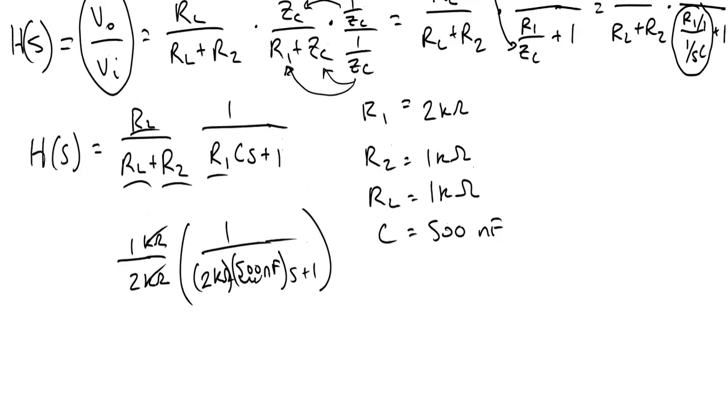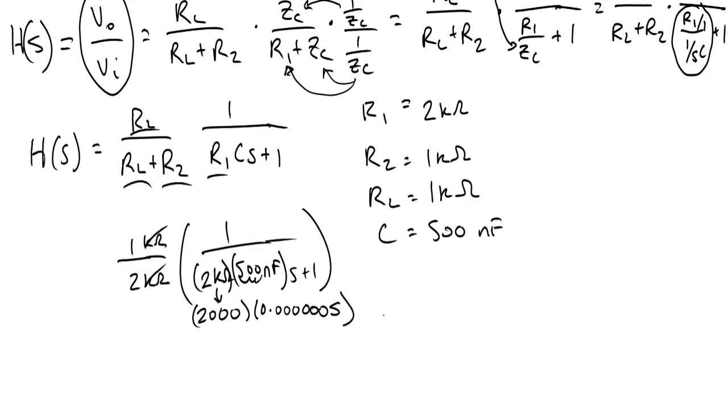Alright, so we have 2K, which is 2,000. This is coming from right here. 2,000 times 500 nanofarad is going to be 0.00000005.